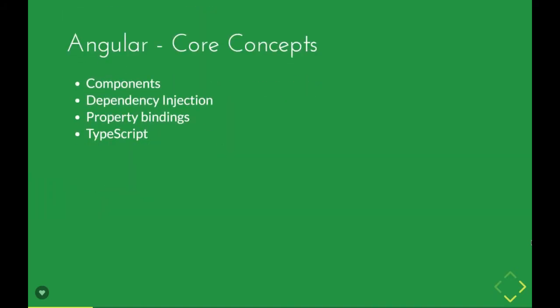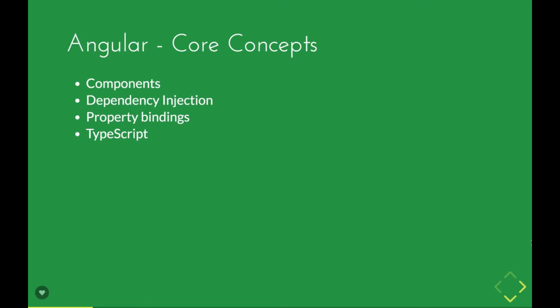Now, some of the core concepts, and a disclaimer here, I'm not going to be able to cover every single core concept, and I'm probably not going to make you an Angular or Vue or React or Aurelia or Ember expert from this webinar. What I'm trying to do here is give you some idea of how the different frameworks function and what they look like. And then from there, you can dive into each of the libraries that may interest you.